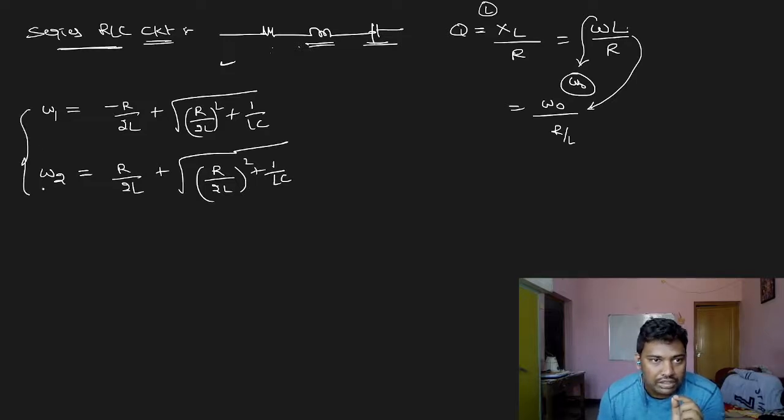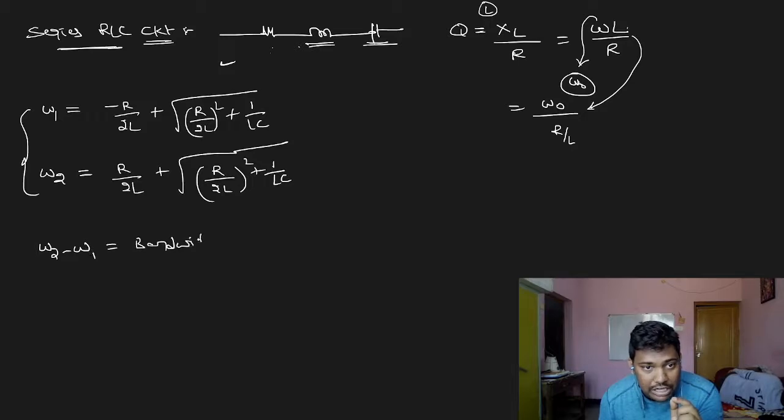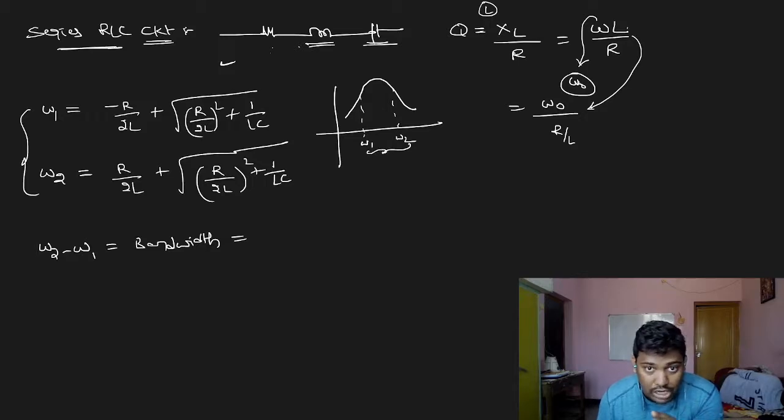The difference between the upper cutoff frequency and the lower cutoff frequency is called bandwidth. Suppose the curve is like this, with the lower cutoff frequency here and the upper cutoff frequency here; upper cutoff minus lower cutoff gives the bandwidth. This zone is called the bandwidth zone.